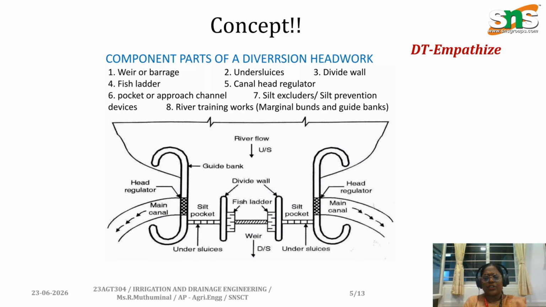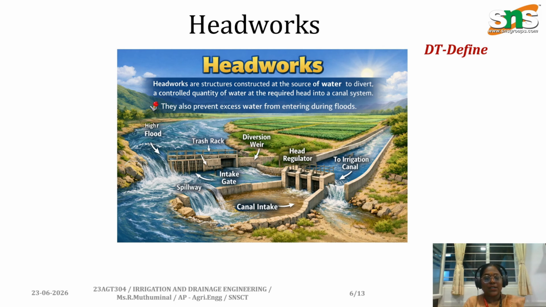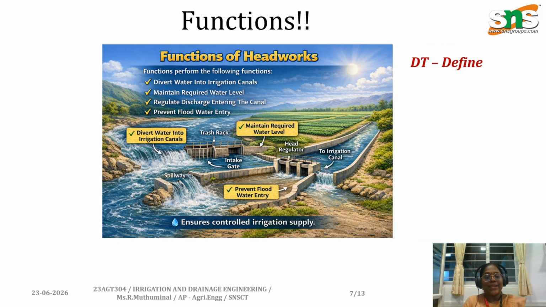The primary function of headworks is to raise the water level in the river and facilitate diversion into the canals. Besides this, they also regulate the quantity of water entering the canal and prevent excessive sediment from entering the distribution system.